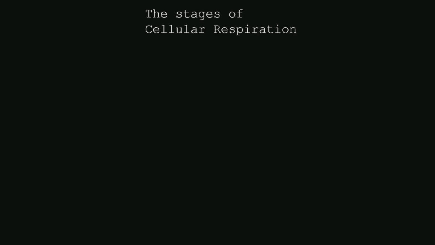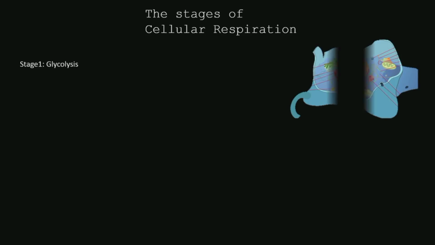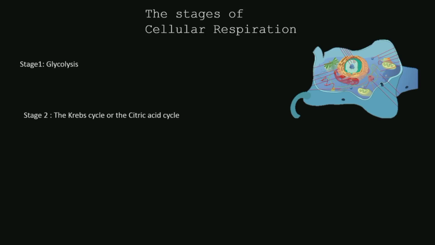Okay, so let's talk about the 3 stages of cellular respiration. There are 3 main stages. There's glycolysis, which is the first stage, and this is going to happen in the cytoplasm, right here. And then we have stage 2, which has 2 names: the Krebs cycle or the citric acid cycle.